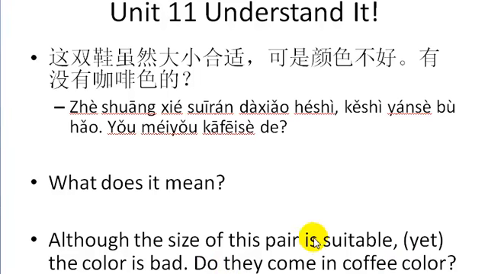Okay, so although the size of this pair is suitable, 这双鞋虽然大小合适, okay, although size of this pair of shoes is suitable, okay, 可是颜色不好, but, however, color bad, 不好. 有没有咖啡色的? Do they come in coffee color? Okay, or do you have these shoes in coffee color? Could be another way of saying it.